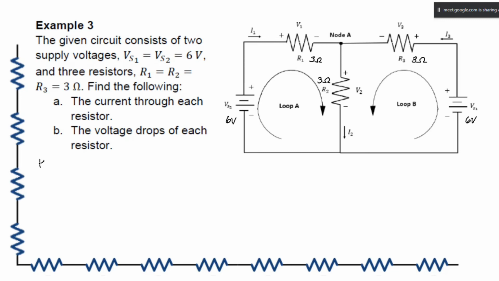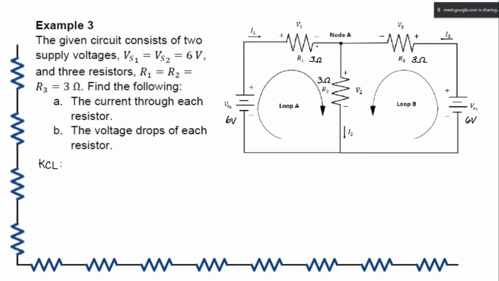So, mag-KCL po ako dito ha. So, sa KCL, ang tandaan lang po natin is yung node natin. So, dito sa problem, okay lang, kasi binigay na ni problem kung saan banda ang node na kailangan natin bigyan ng or tuunan ng pansin.